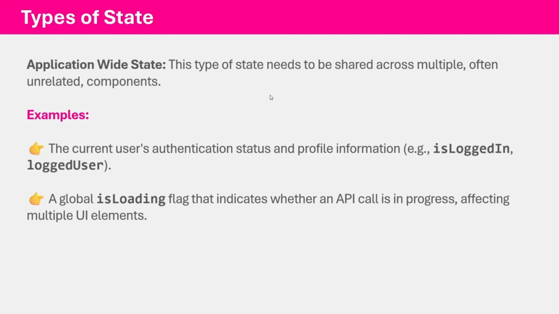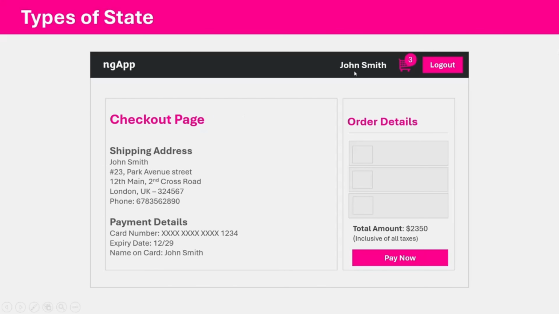So for example, let's say we are storing the logged in user data in a state. So we might want to use this logged in user data in the header component where we want to show the first name and last name of the logged in user. We might want to use it in the checkout page when the user is checking out a product. So at that time, we might want to show the first name and last name of the logged in user who is checking out a product.